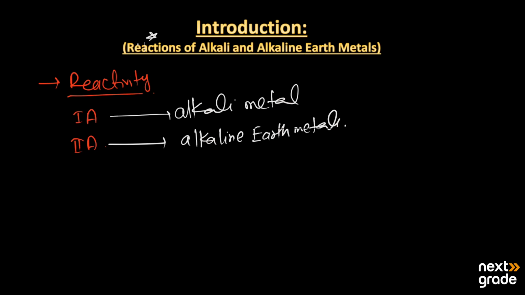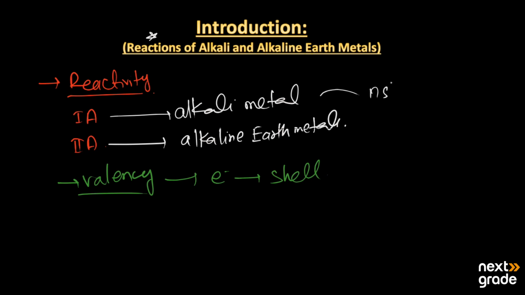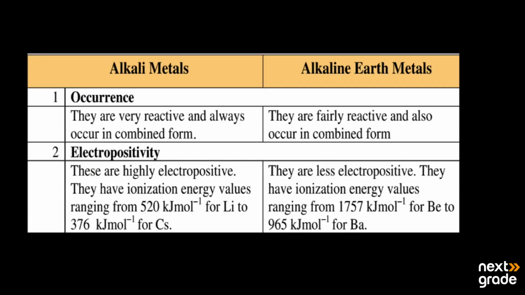When we talk about their reactions, the one thing we have to keep in mind is their valency, that is, how many electrons are present in their valence shell. The group 1 elements have valence electronic configuration ns1, and the group 2 elements have valence electronic configuration ns2. So let's have a look at their simple chemical reactions.